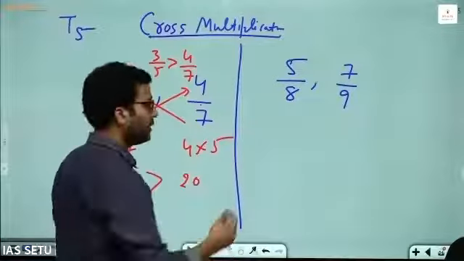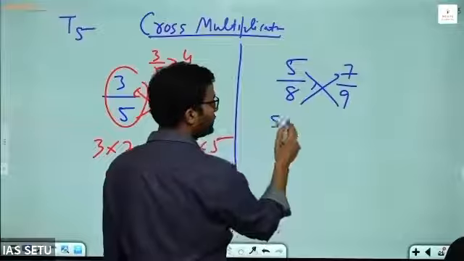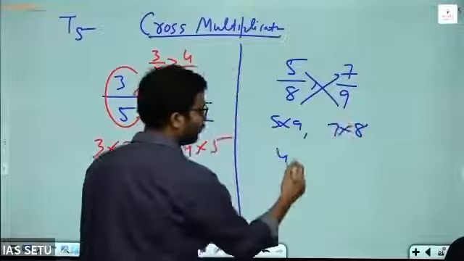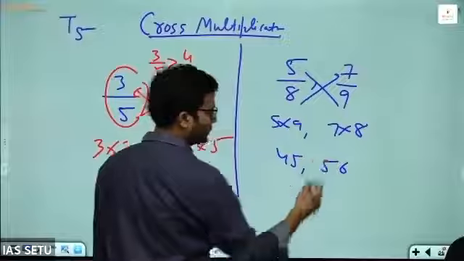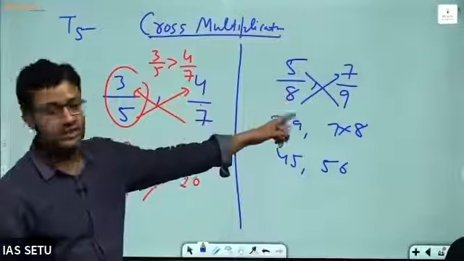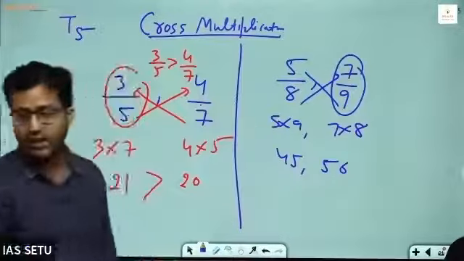So we cross multiply. Take denominator. You have to take denominator other side. So this side it is 5 into 9 and this side it is 7 into 8. This is 45. This is 56. 56 is larger. So right side fraction is larger. So 7 by 9 is larger than 5 by 8.